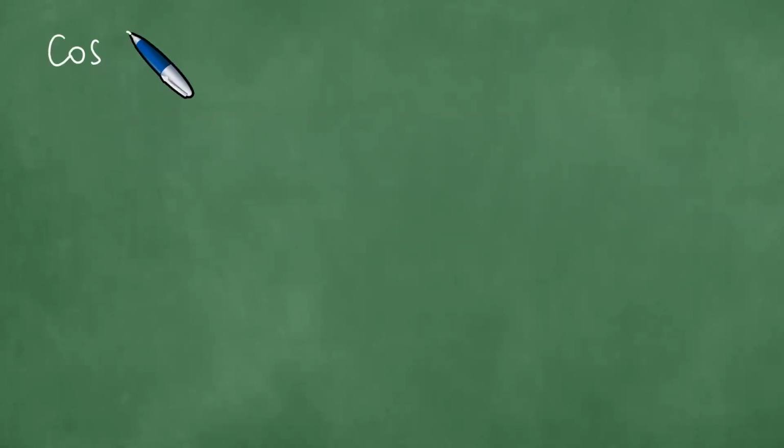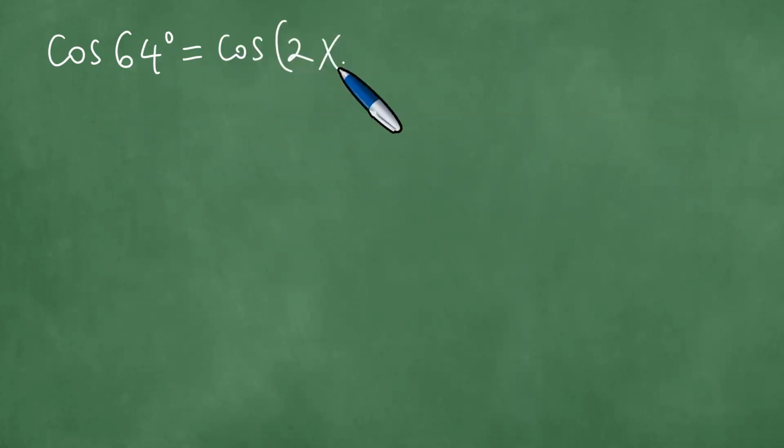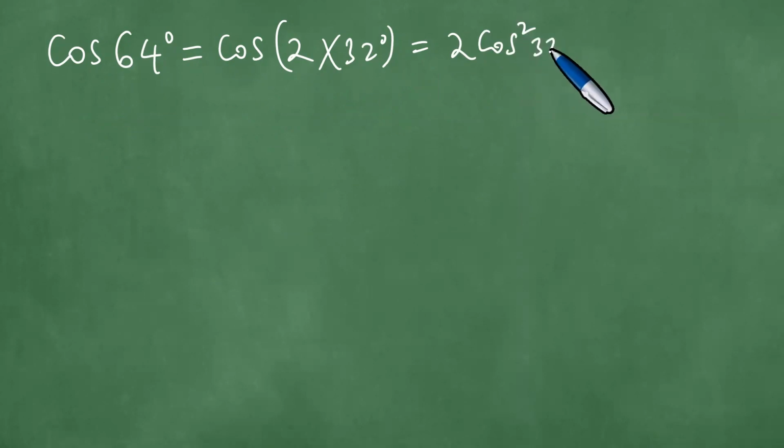Cosine of 64 degrees equals. The cosine of 64 degrees can be written as a double angle, 2 times 32 degrees. And this is the same as 2 cosine squared of 32 degrees minus 1.